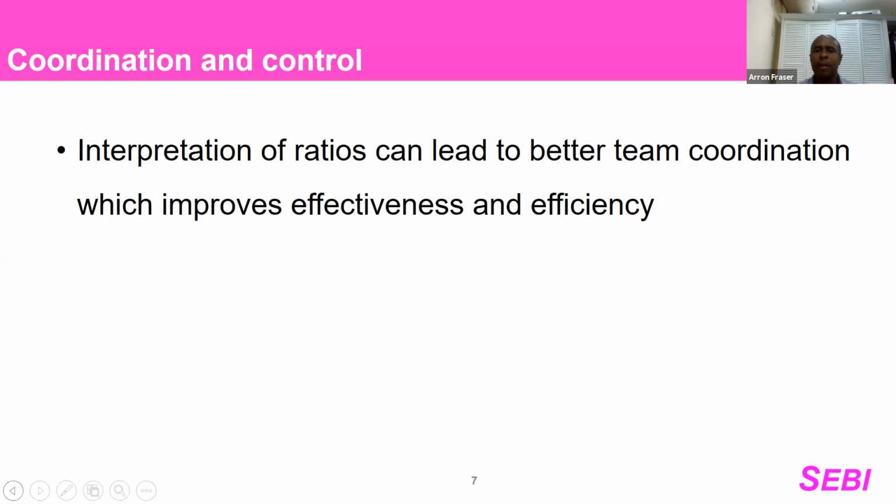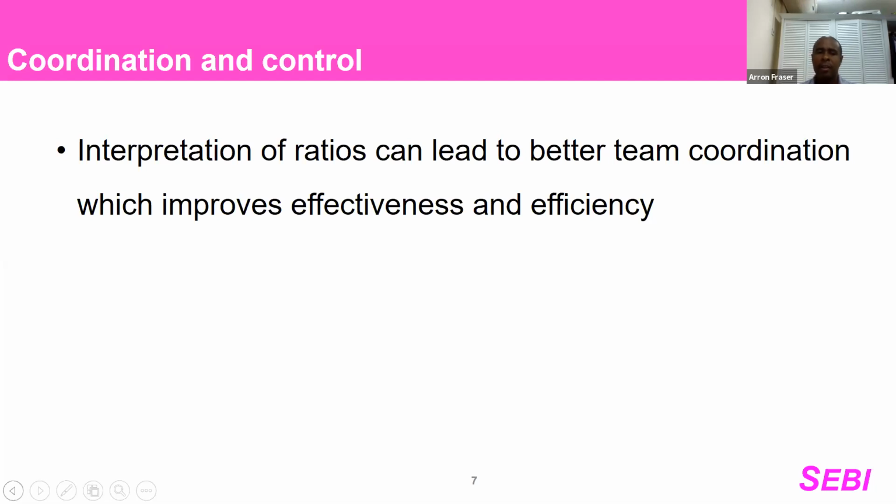You should recall that efficiency is a measure of how much output you get from an input. So looking at the trend of gross profit margin, or gross profit percentage, is an indication of how efficiently a company is being run, because it says for every dollar of revenue that you get, this is the amount of input that you're making.